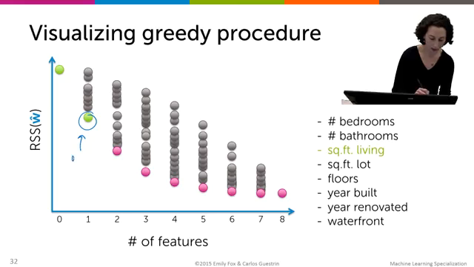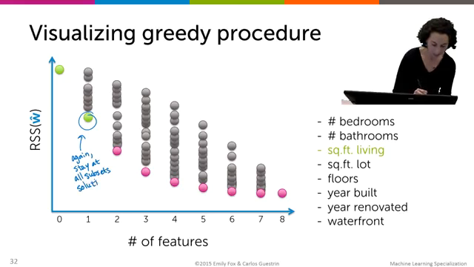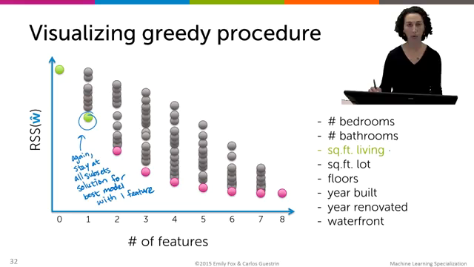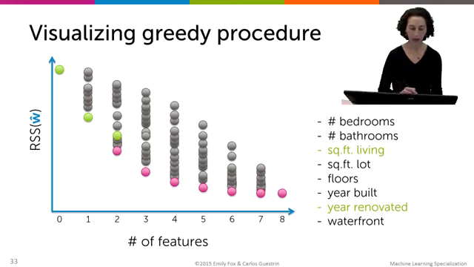So again, we stay at the all subsets solution for the best model with one feature. And in that case, remember, just like in all subsets, we choose square feet as the best feature when we have just one feature.